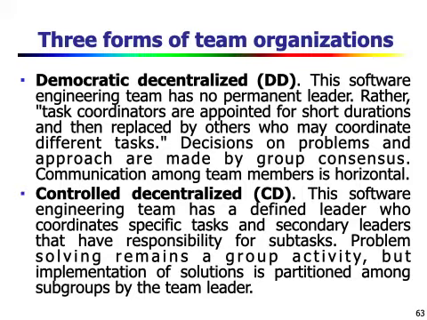All of this matters. Here is a generic team organization pattern, suggested by Mantei. There are three forms of team organization: democratic decentralized, controlled decentralized, and controlled centralized. Let's see what these team organizations are.